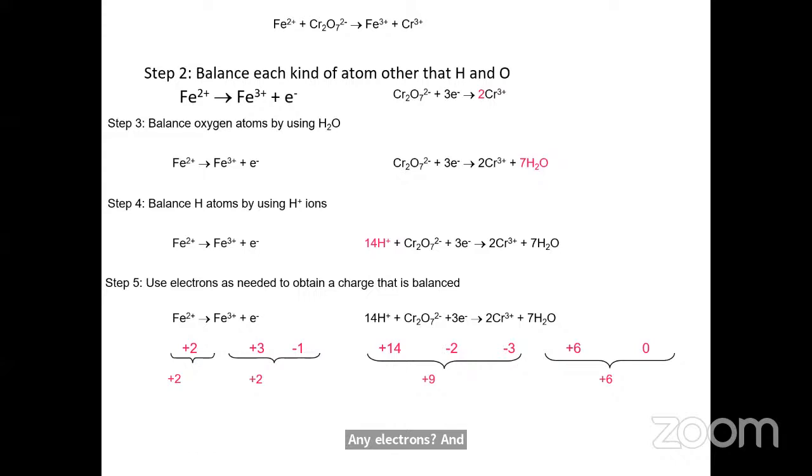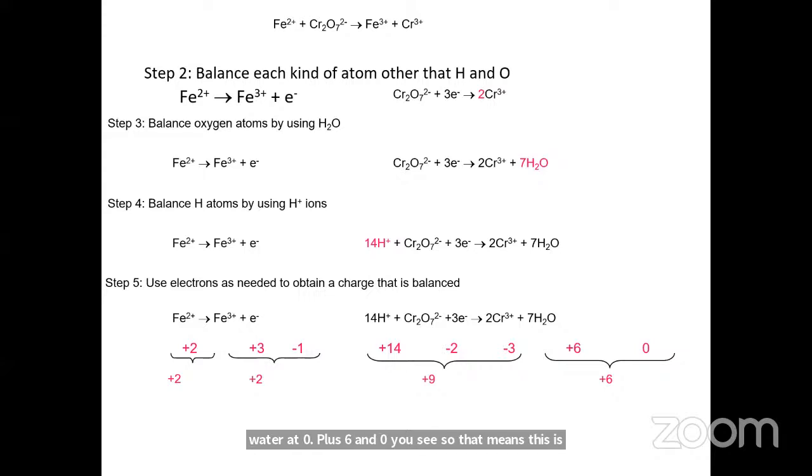So +14 - 2 - 3, that will give us +9. And then on the other side, we have 3+ times 2. You multiply by the stoichiometry, that will give us +6. And then water has 0. +6 and 0 is 6. So that means this is not balanced.